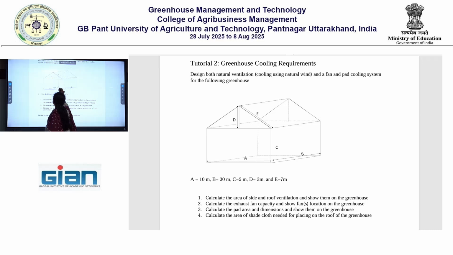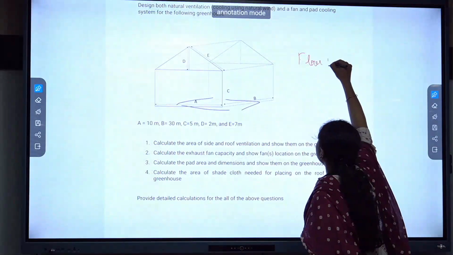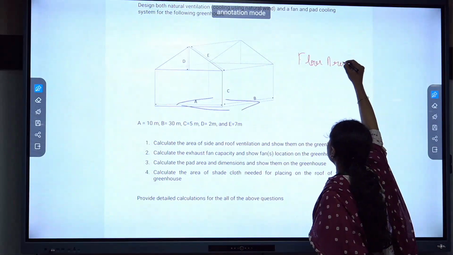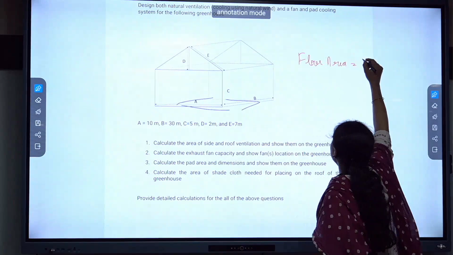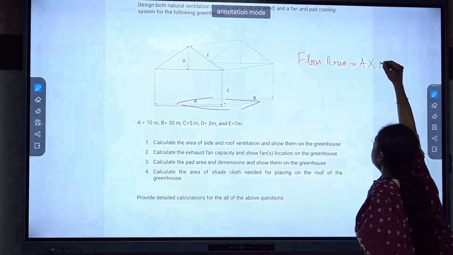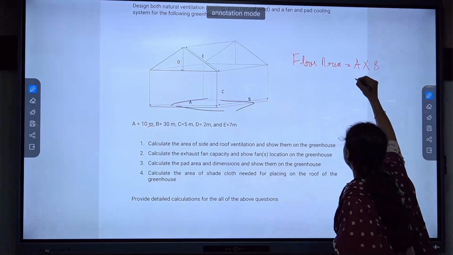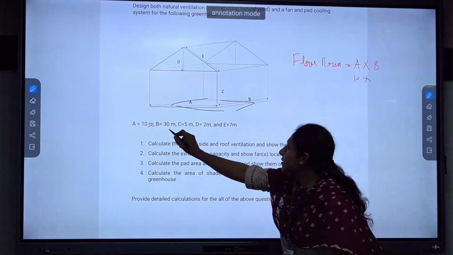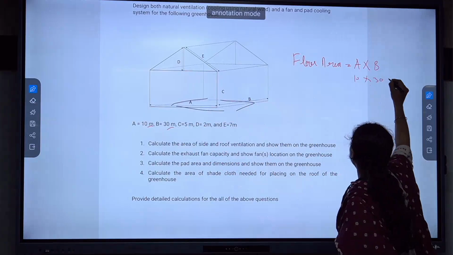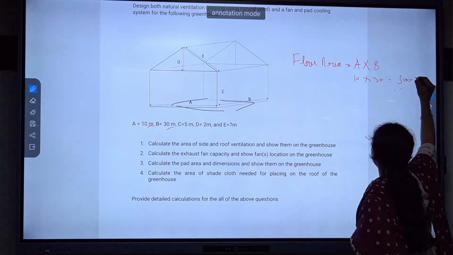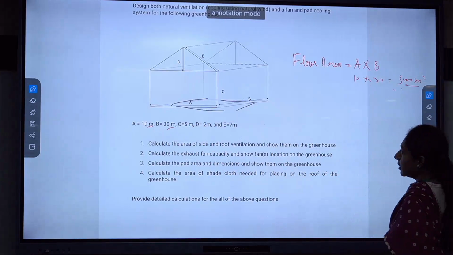That would be floor, A into B. A is about 10 meters and B is 30. So total floor area will be 300 meters square.